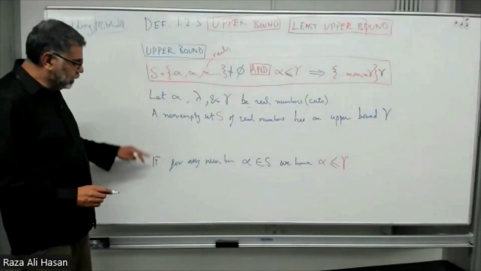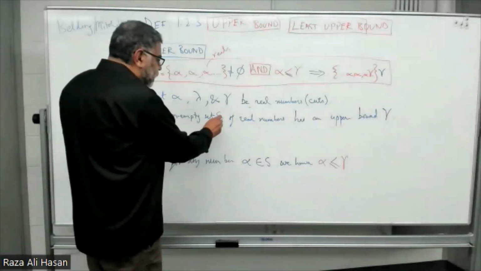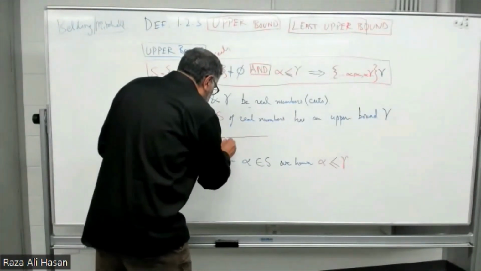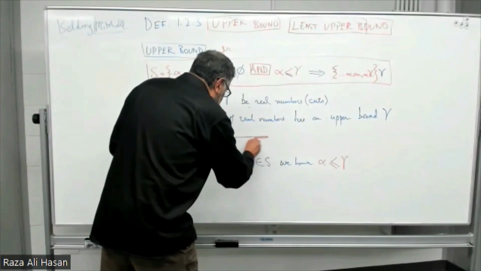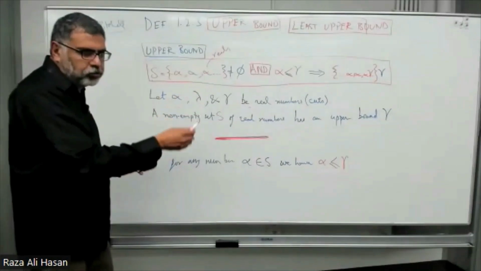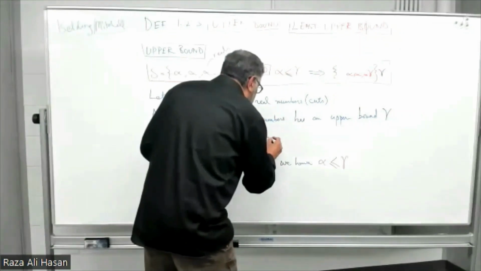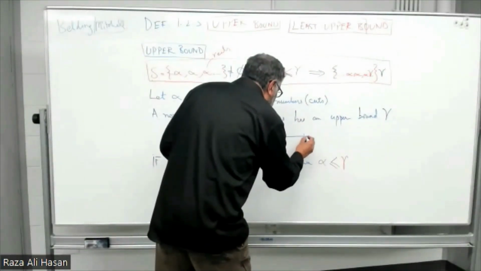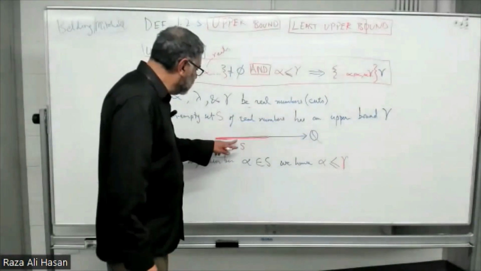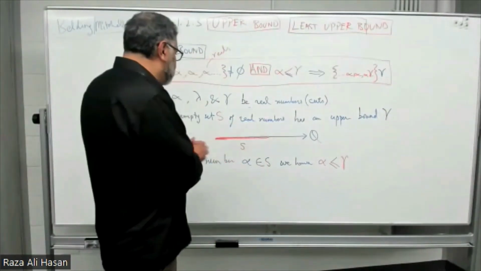Draw this first and then add these conditions. So we're going with this one here first: a non-empty set S. I'm drawing the set S on Q. So this is S, and it has an upper bound. This is Q, and S is full of, if for any number alpha, the bunch of alphas in here.